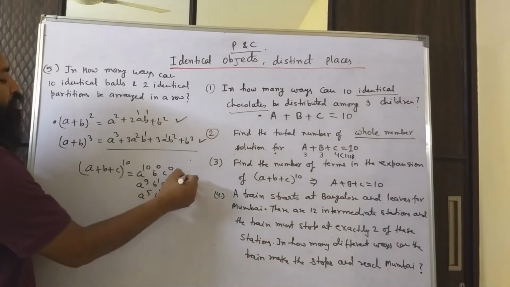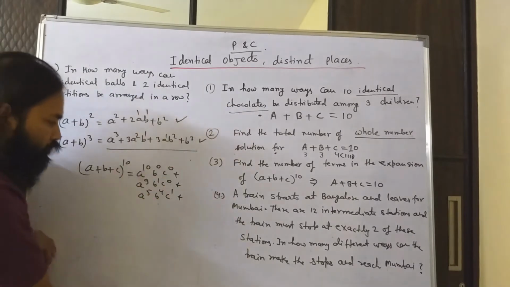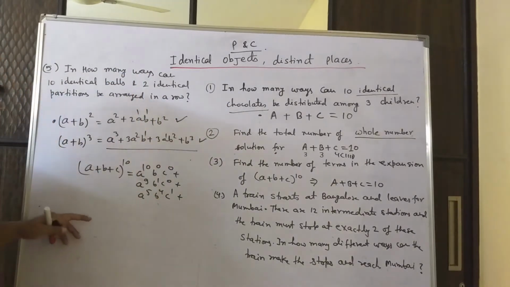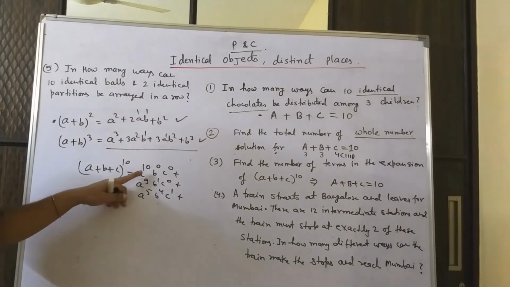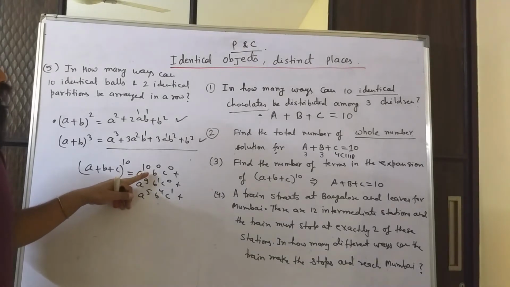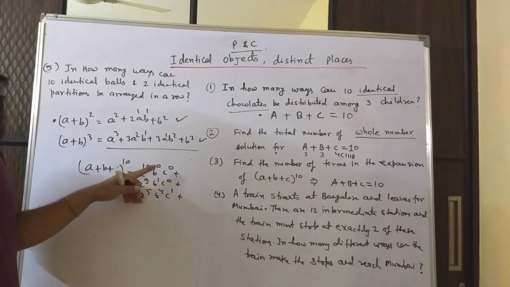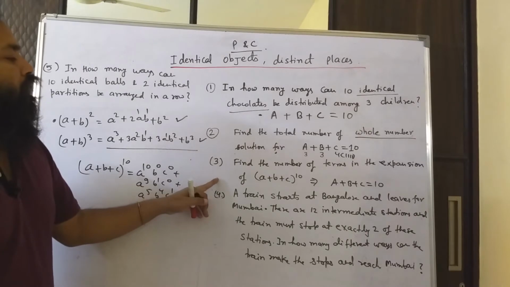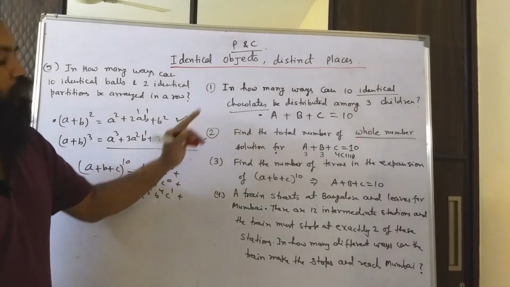And in between obviously plus plus plus. So there will be so many terms. So essentially what you are doing is, in how many ways the sum of the powers of A, B, C can be 10, where A, B, C can be anything from 0 to 10. So again it's a question of whole number solution. So for this question also the answer will be the same as these two questions.